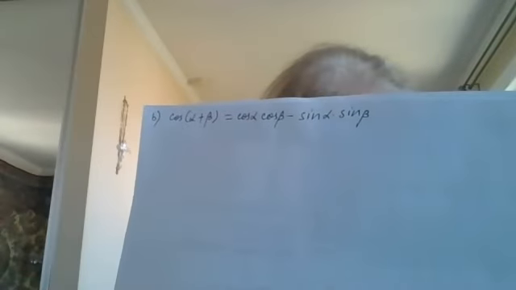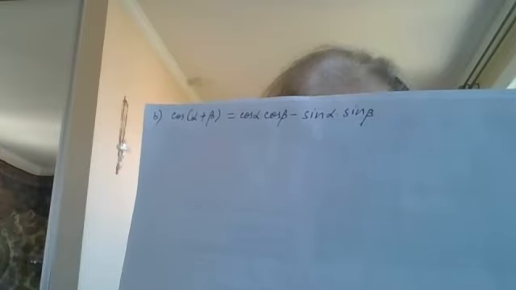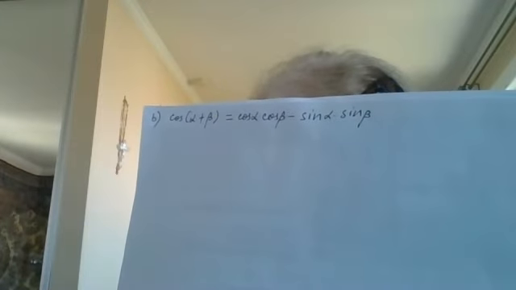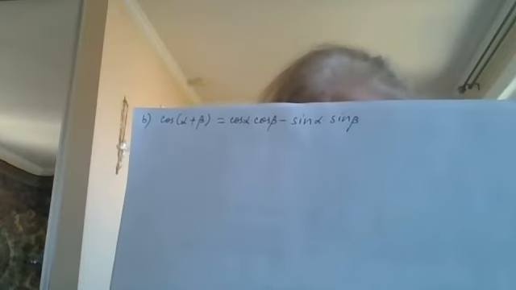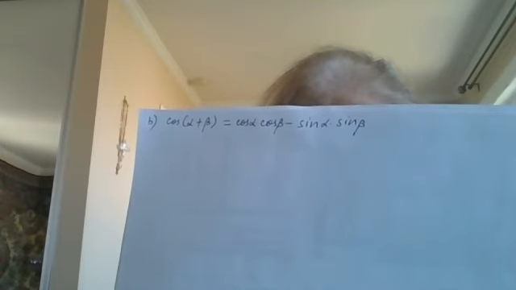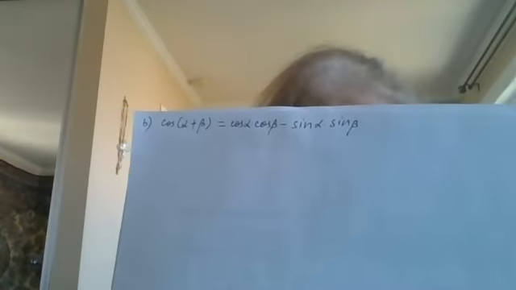Do we know cosine alpha value and cosine beta? Guys, do we know already these values? Yes. Do we know values of sine alpha and sine beta? Yes. Does it mean that we are not missing anything? No. Right? Plug the numbers.